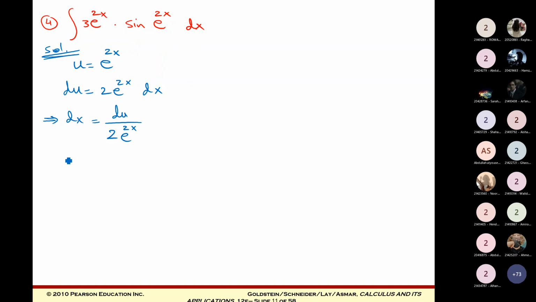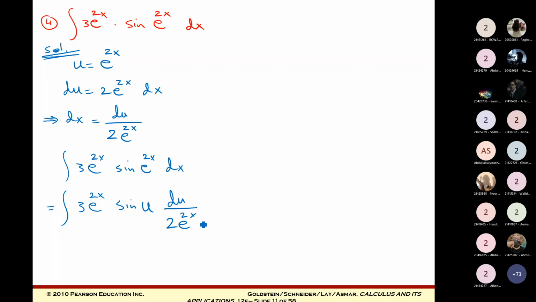Returning to the integral, the integral of 3 e to the power 2x sine of e to the power 2x dx, we have 3 e to the power 2x sine u, and dx equals du over 2e to the power 2x.